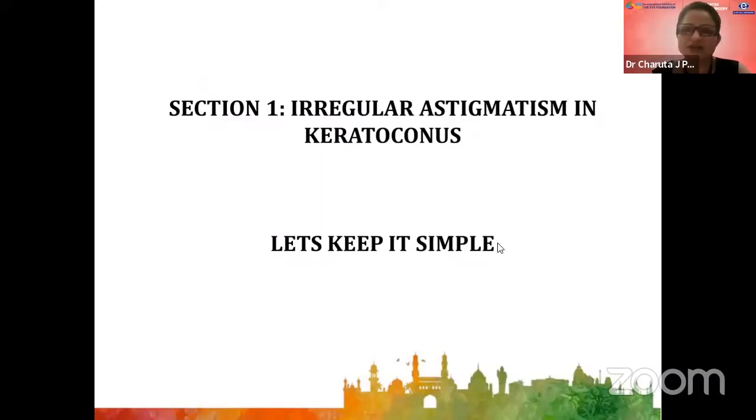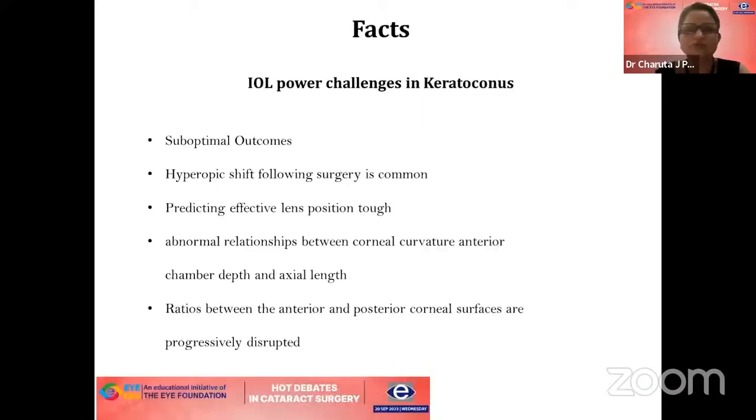Now I'll come to the other half, the irregular astigmatism in keratoconus. What are the facts that we know? And Dr. Chitra has asked me to keep it to a very theoretical and evidence-based talk. So here goes the review of literature that we have.